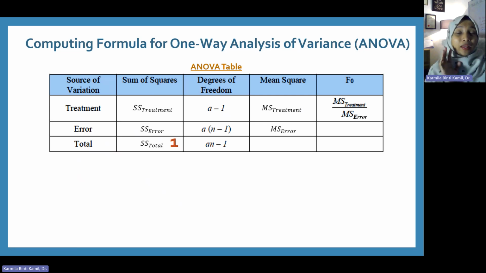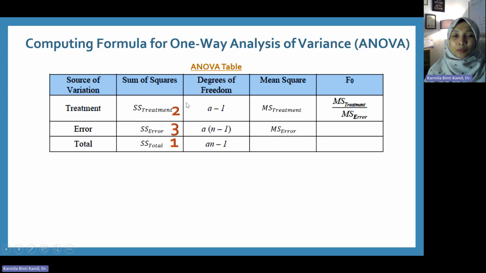So in the process of using ANOVA, the first thing that we need to solve is SS total. It starts from here: SS total, and then it moves to SS treatment. Once we find the SS total, we need to find SS treatment, and finally we get the SS error for the second column here.